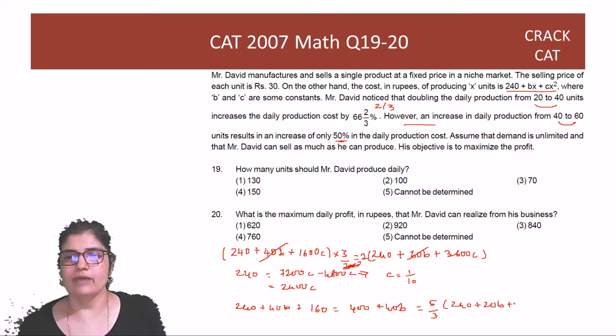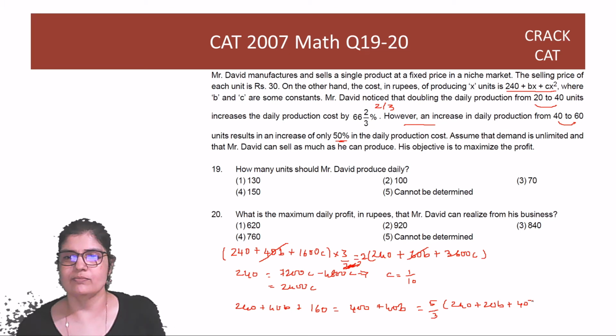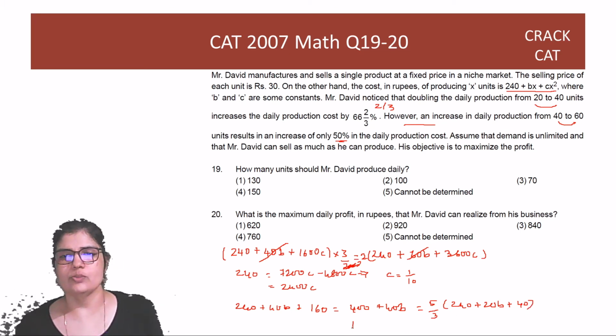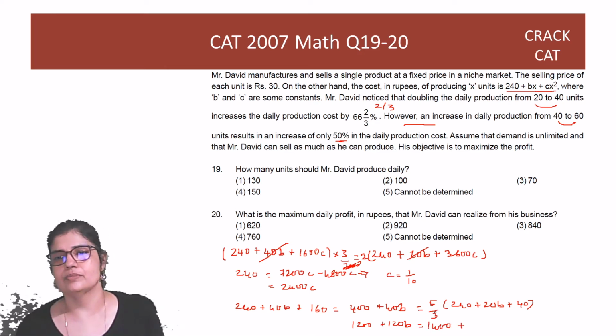Now you have Bx square... x square is 400, but C is 1 by 10, so this becomes 40. Let's cross multiply: you will get 1200 plus 120B is equal to 280 into 5, which is 1400, plus 5 into 100B.